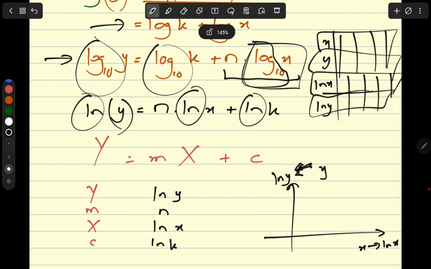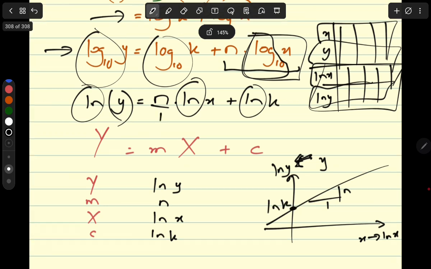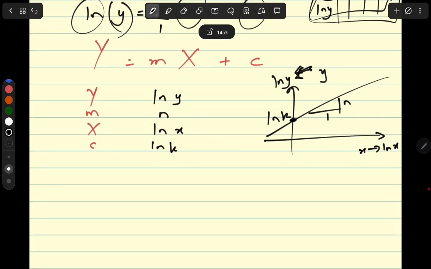And now when you plot these values, this is going to give you a straight line where the gradient is n upon 1, and the vertical intercept, or the ln y-intercept, is going to be ln k. Okay?